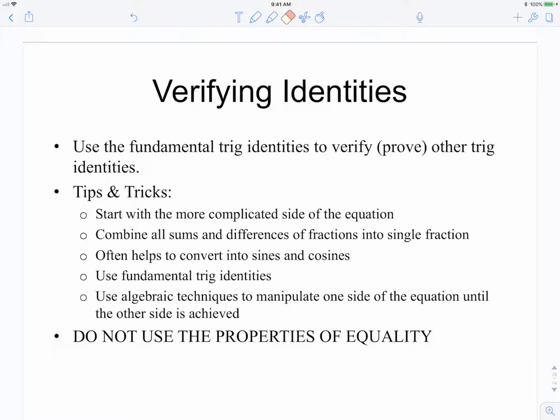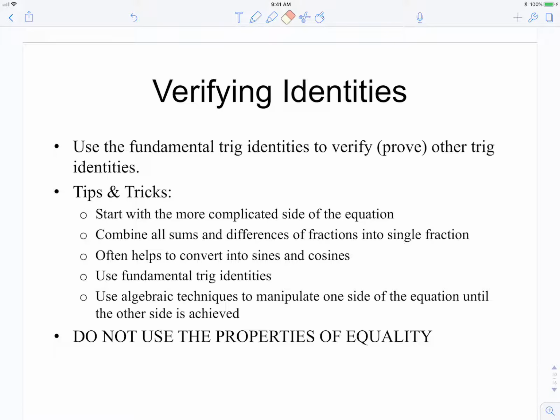I have some tips and tricks here. My suggestion is to look at the identity, look at the equation you're given, and choose the more complicated side to try and work on. And then you can combine all sums and differences of fractions into single fractions.